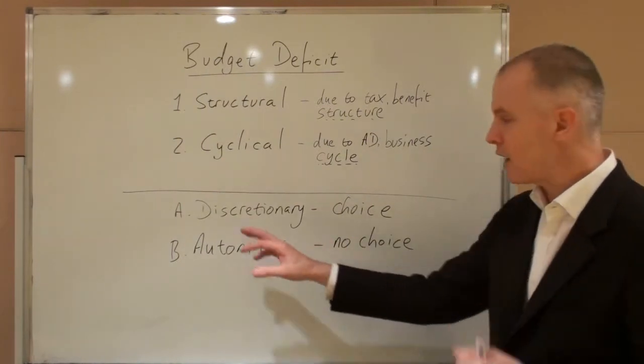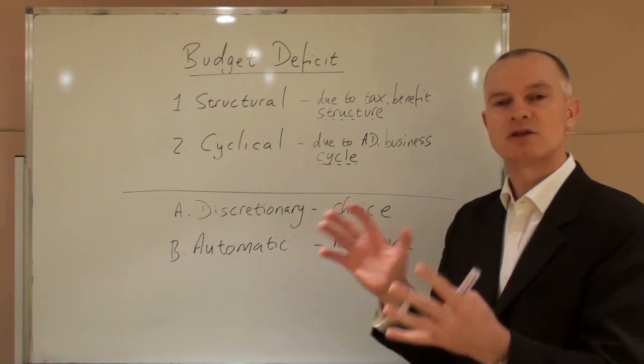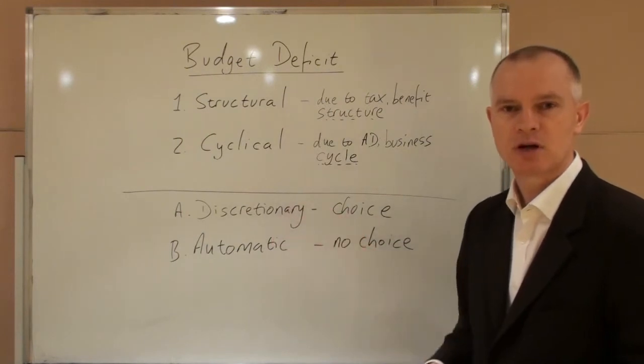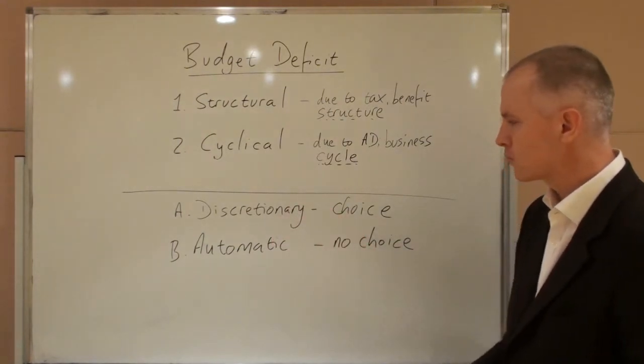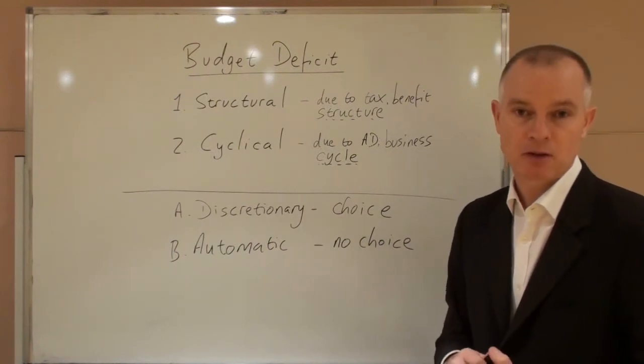The reason I have written A and B for discretionary and automatic is that this is in some way just a different approach to the same conundrum. The government has some choice about the things that it spends its money on.